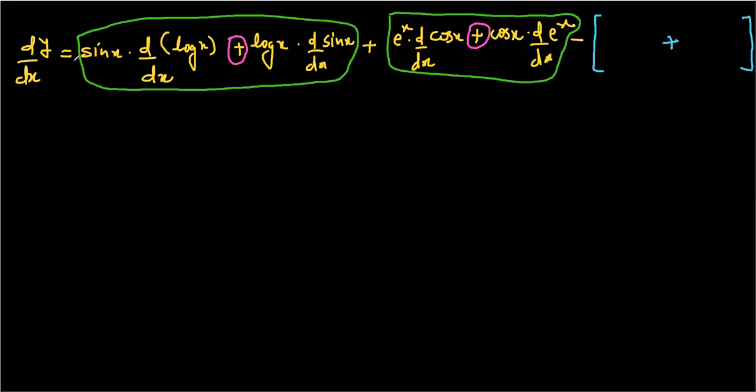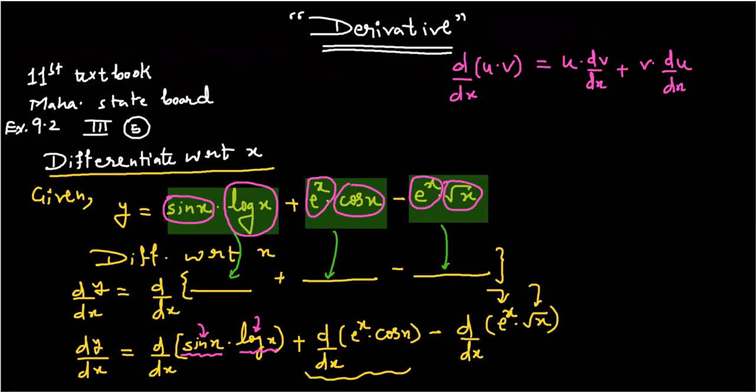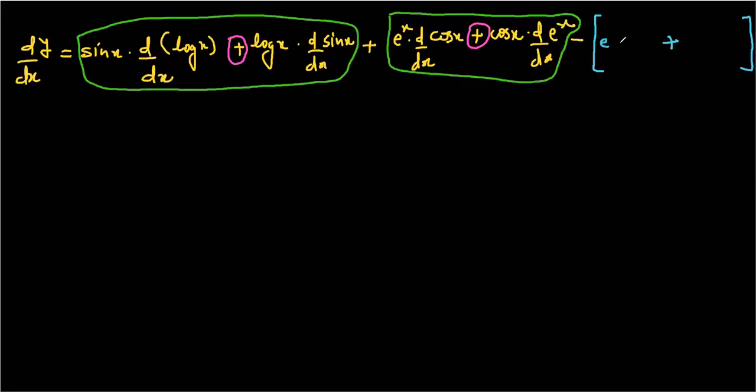No sign means it's a positive sign. So we have e raised to x into root of x. So this will get me e raised to x d by dx of square root of x plus square root of x into d by dx of e raised to x.